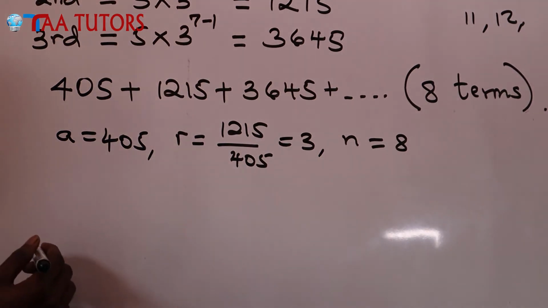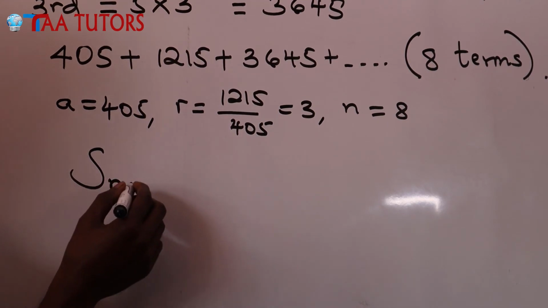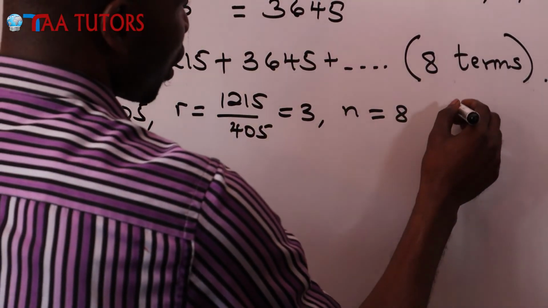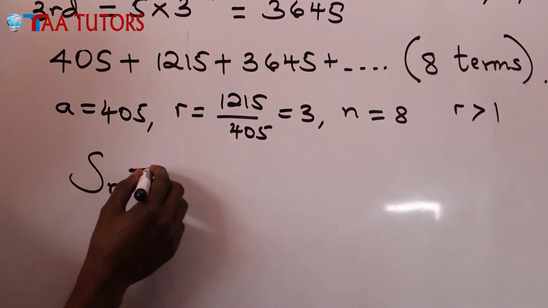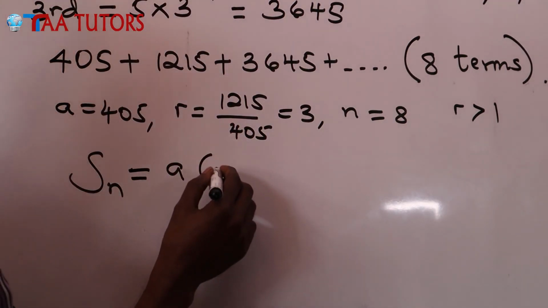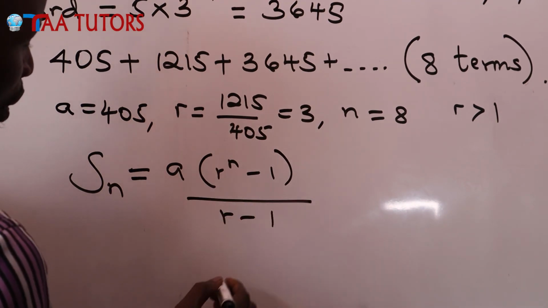So we are going to say the sum here will now be the sum of n terms. We know that r is still greater than 1, so we are still going to use the formula a into r power n minus 1 over r minus 1.